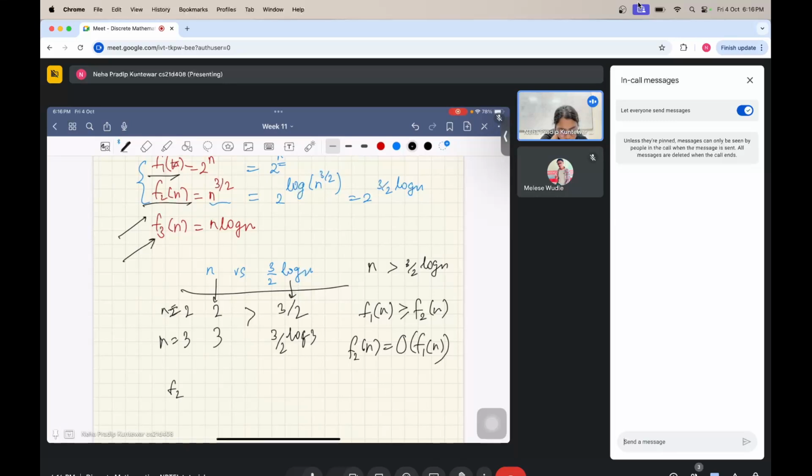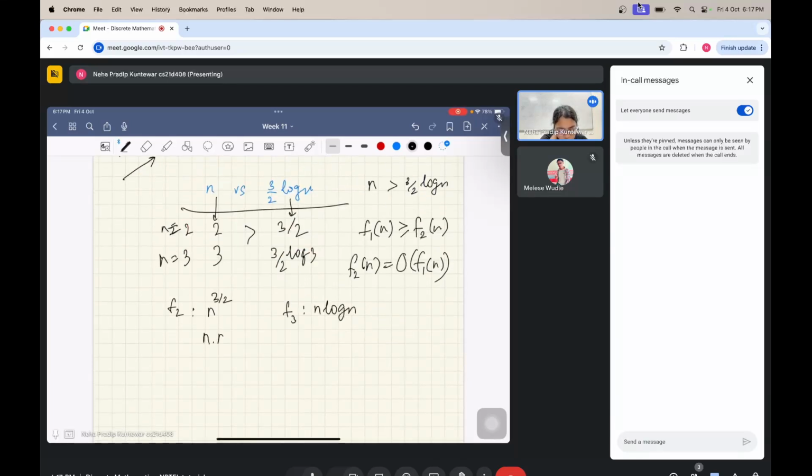So f2 is n to the 3 over 2 and f3 is n log n. So this is the same as n times n to the 1 over 2. This is n times log n. Now we're comparing between square root n and log n. Again we know that square root n is a much faster growing function than log n.